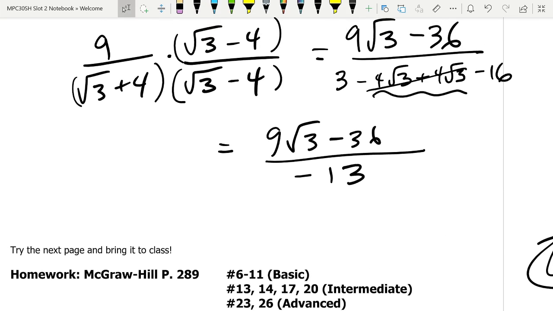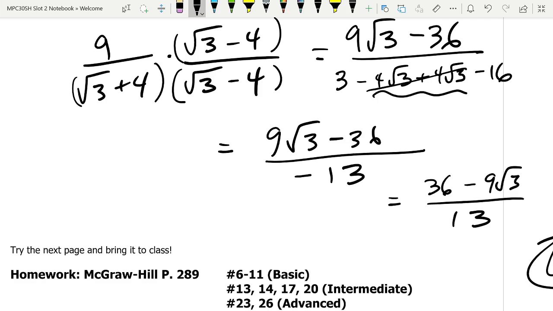Now, would it freak you out if you were doing a question like this in your homework and the answer said this? Are you cool with the fact that that's the same number? What happened to it? I multiplied by negative 1. Close.